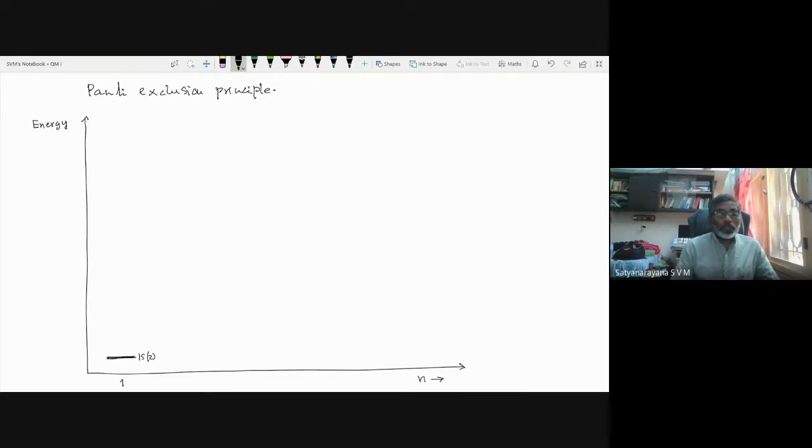This is n equal to 1. Now, when you come to n equal to 2, what does n equal to 2 correspond to? Let's look at this. n equal to 1 corresponds to L equal to 0, and of course m equal to 0, and there will be 2 electrons corresponding to 2 spins. Now, if you take n equal to 2, then you can have L equal to 0, m equal to 0, and L equal to 1, with m equal to minus 1, m equal to 0, and m equal to plus 1.